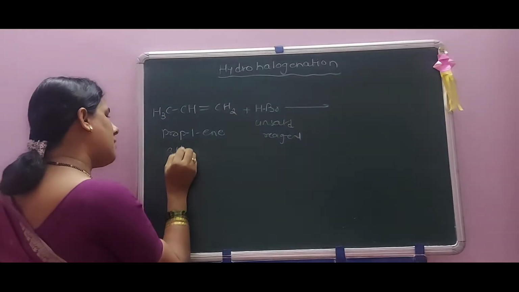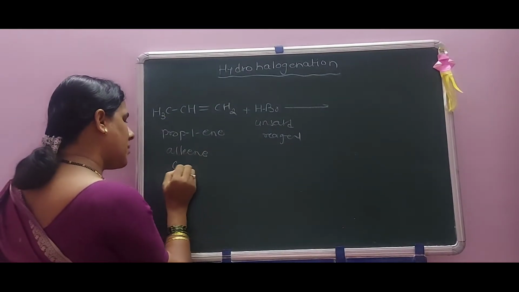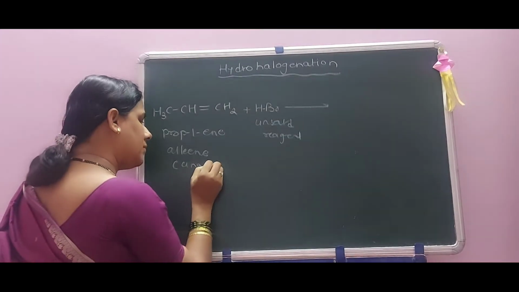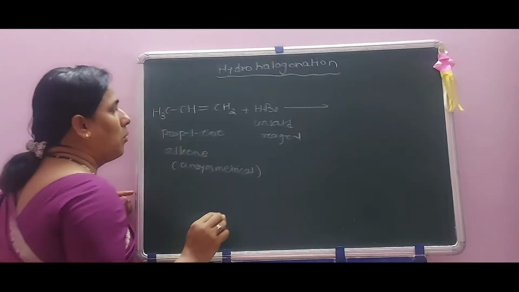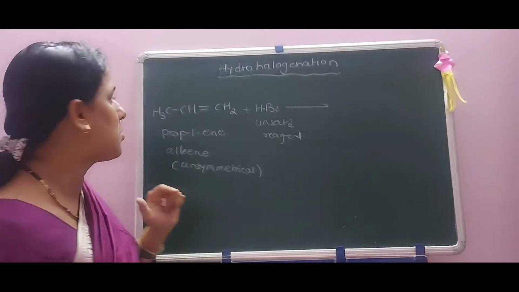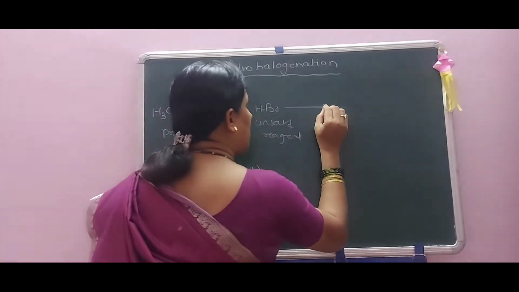Okay, this is an alkene, it is an unsymmetrical one. Now, here there is a possibility of formation of two products. Which are the two products?